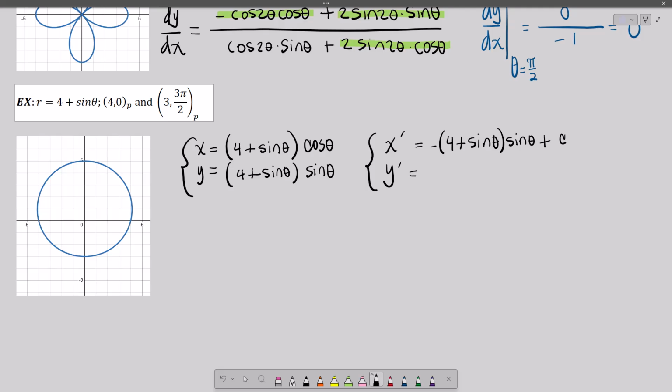So we have cosine multiplied by cosine, which is cosine squared. Now y prime. First times derivative of second, so first is going to look like that. Derivative of second is cosine. Plus the derivative of first, which we already said is cosine, but this time it's multiplied by sine.